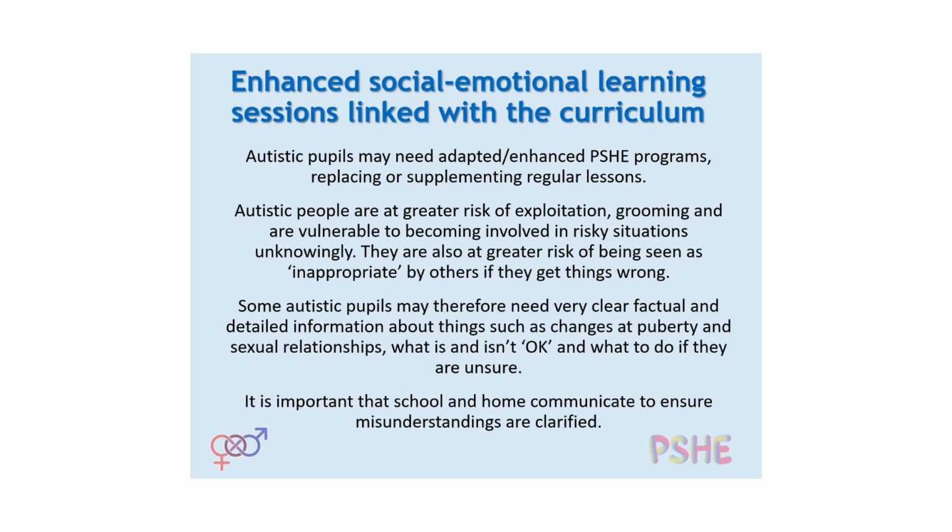Some autistic pupils may therefore need very clear, factual, and detailed information about things such as changes at puberty and sexual relationships, what is and isn't okay, and what to do if they are unsure. It is important that school and home communicate to ensure misunderstandings are clarified.